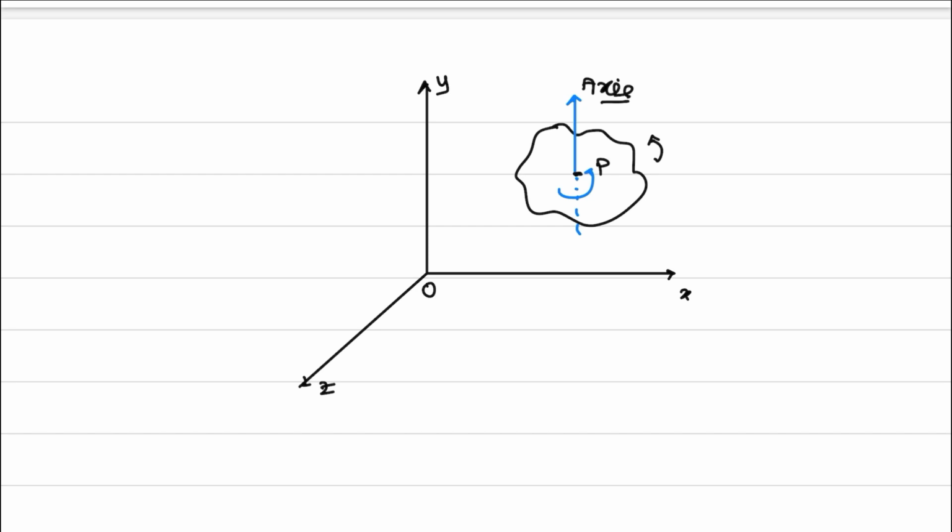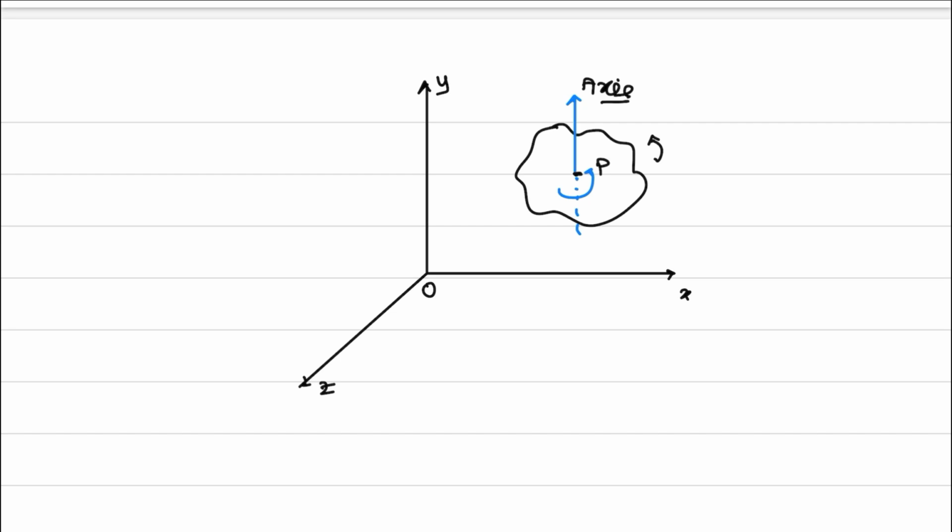Please try to understand. There is no translational motion here, but still it is subjected to acceleration. We have to define this acceleration. That is the crux of the rotational motion. To define this, we require a reference frame, the frame which will be rotating.